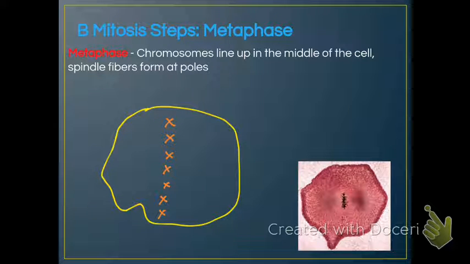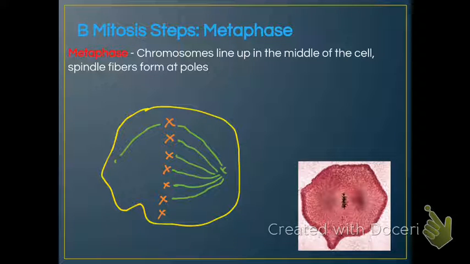But out here, I'll put them in green. There's these fibers, and they start forming at the poles. It's almost like fishing. So imagine the chromosomes are a fish, and these spindle fibers are kind of like the fishing line. Okay. So the chromosomes line up in the middle of the cell, and then the spindle fibers attach to the chromosomes.